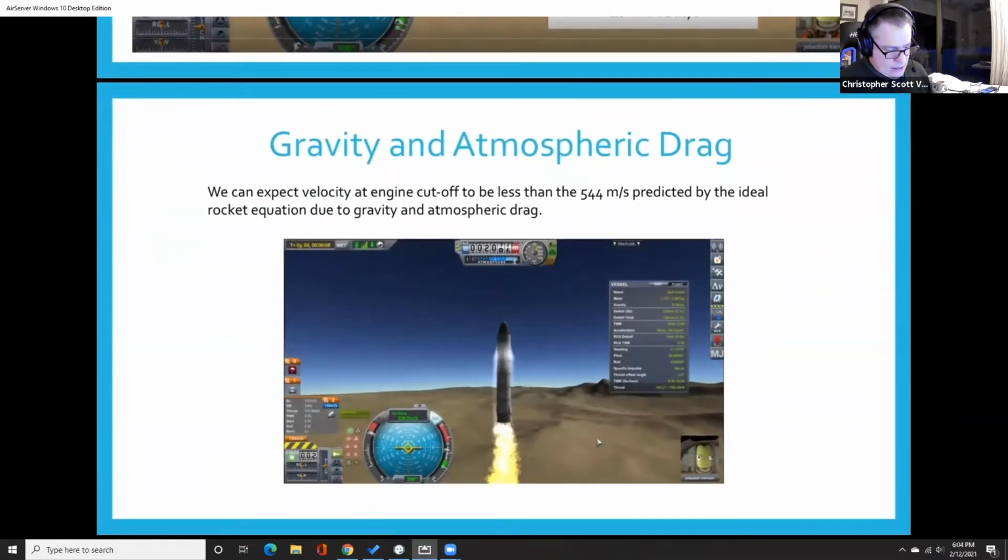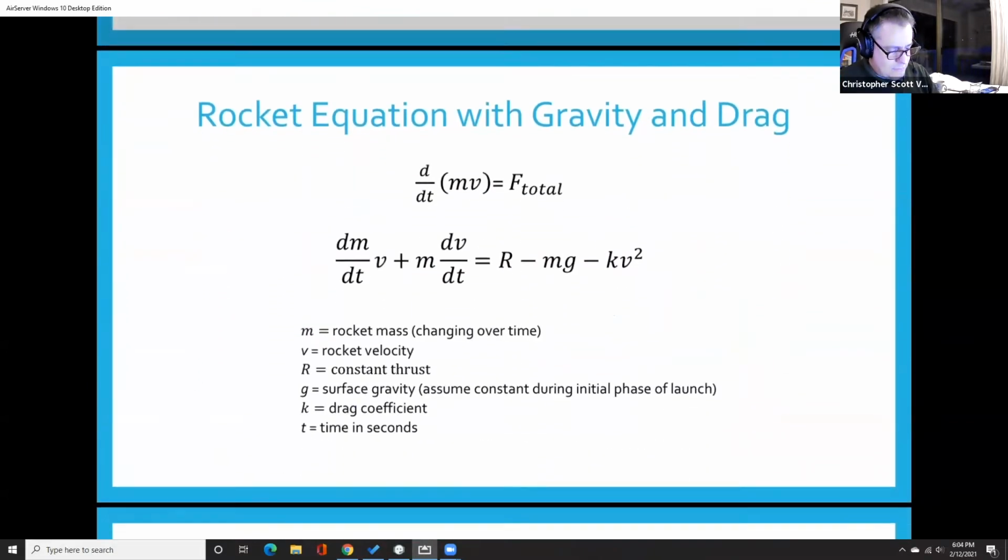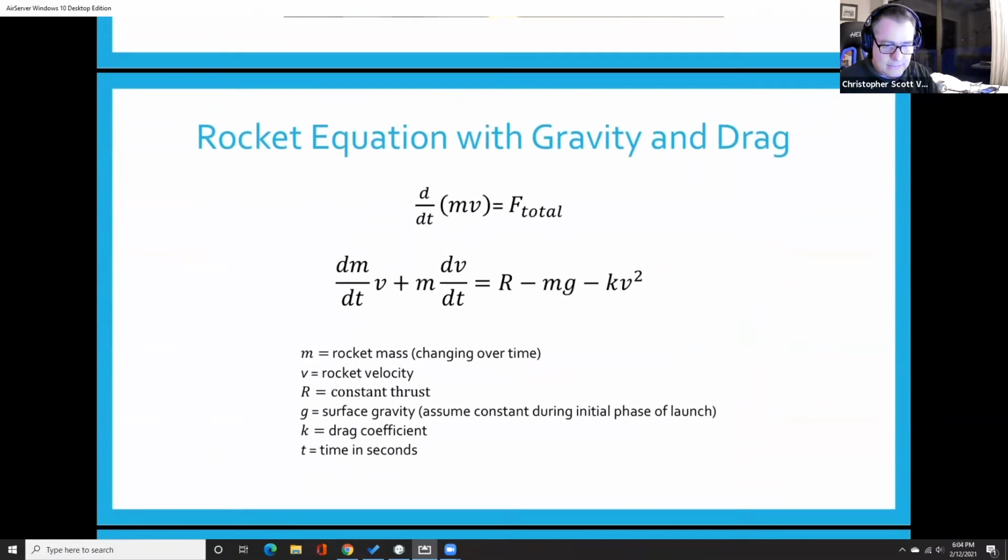But in this launch, we will have gravity from the planet, and we will have atmospheric drag. So we expect it to be less than the 544. And so I begin now analyzing a differential equation that includes terms for gravity and air resistance.